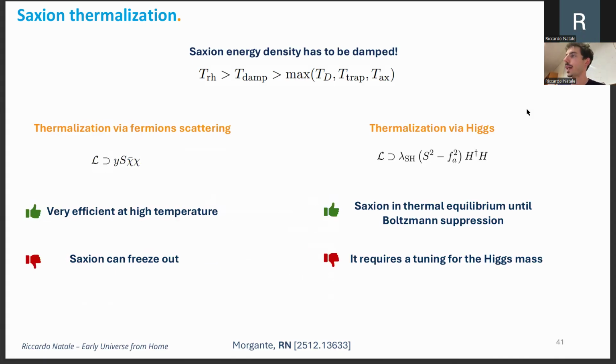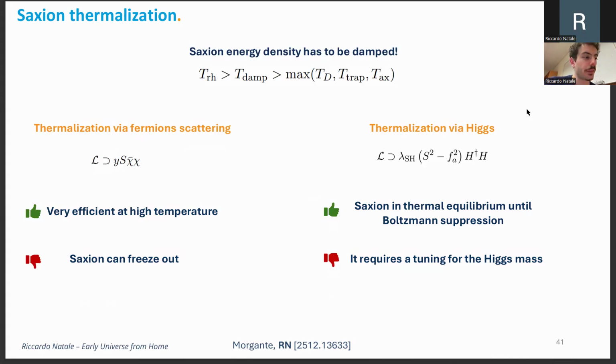Here, I want to stress some pros and cons of these two damping mechanisms. In the first one, we have a very efficient mechanism that happens at high temperature. However, the axion can freeze out, since the KSVZ-like fermions at some point are Boltzmann suppressed, and the whole interaction that the axion has with the standard model plasma is via loop-induced processes with gluons.